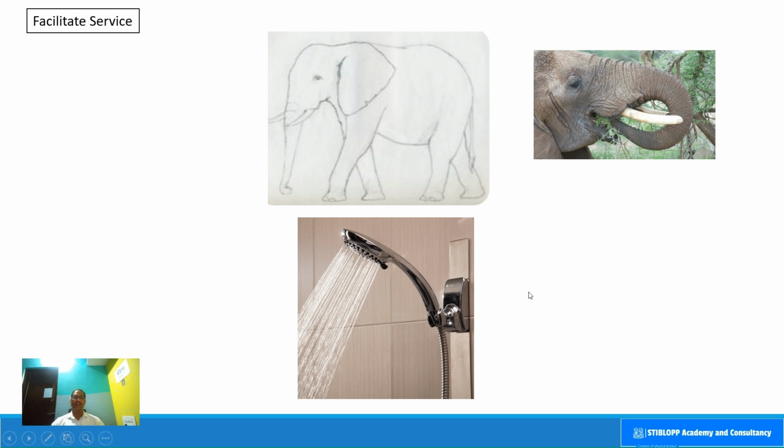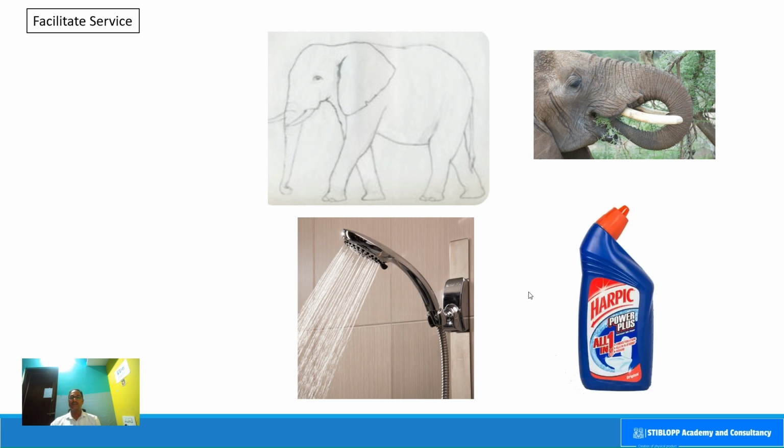That's the reason the flexible pipe has been designed in such a way that it can reach, or it can serve the water to those parts of the body where the main shower cannot pour the water, like armpits. Another example is this toilet cleaner, Harpic. The neck of the Harpic is designed in such a way that it can reach to each corner of the toilet.